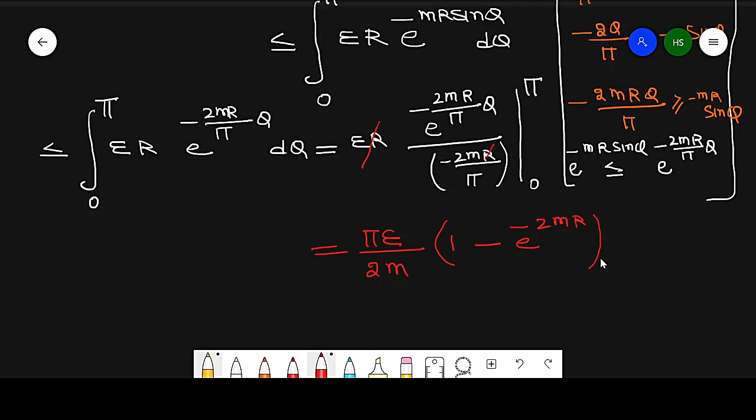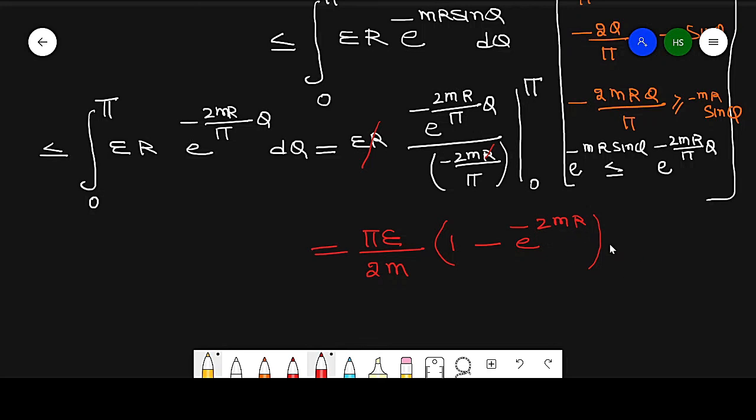So this is the value of the integration, which is equal to pi epsilon over 2m into 1 minus e raised to power minus 2mr.